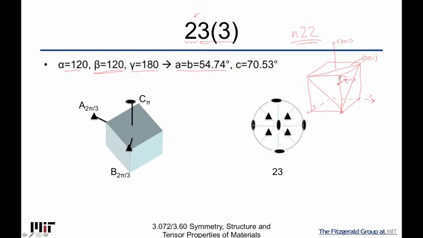And if you dot this to get the angle theta here, the angle between this normal and 0-0-1 is the angle between this plane and the normal, and that turns out to be 55 degrees.